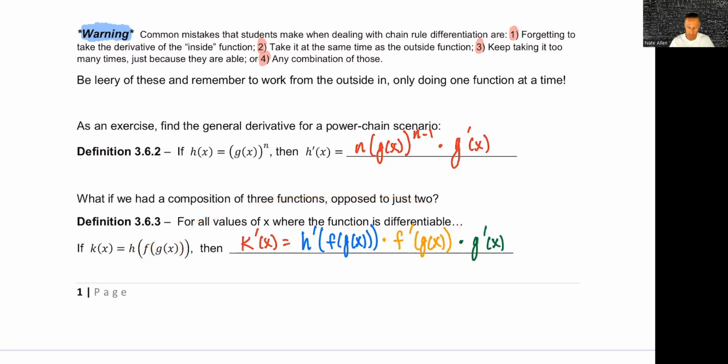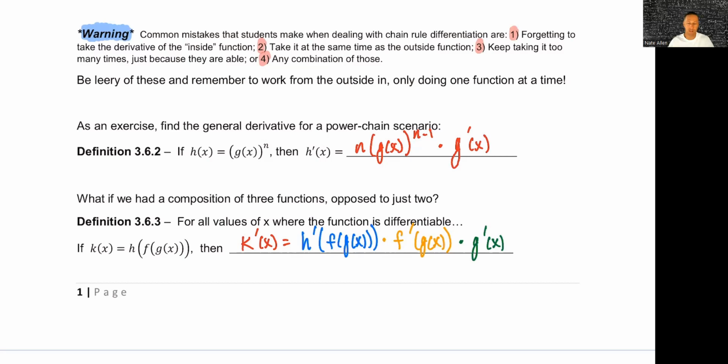And sometimes you may even have like a 3x there, and you'd have to take the derivative of the 3x, which would just be 3. And that's what we wanted to look at, was what happens when there are 3 or more functions. How do we find the derivative of a compositional chain that has more than just 2 within one another?